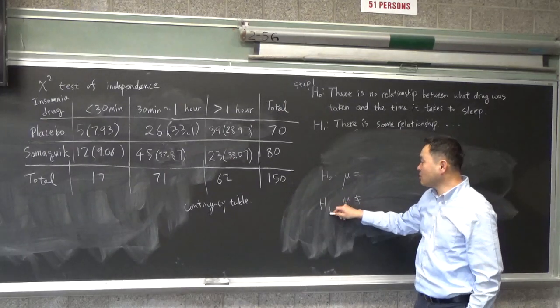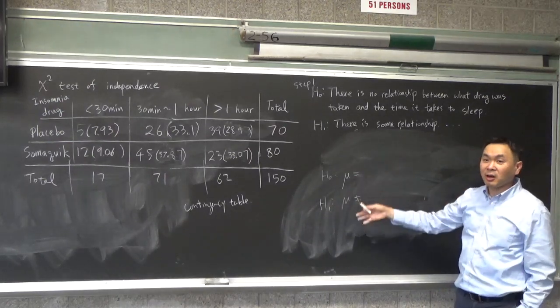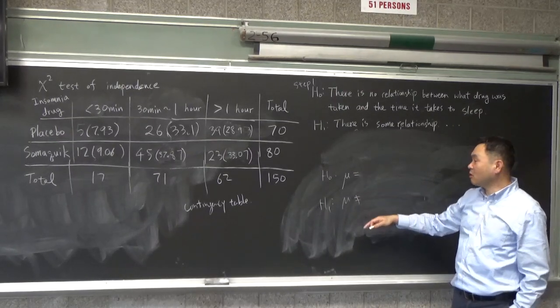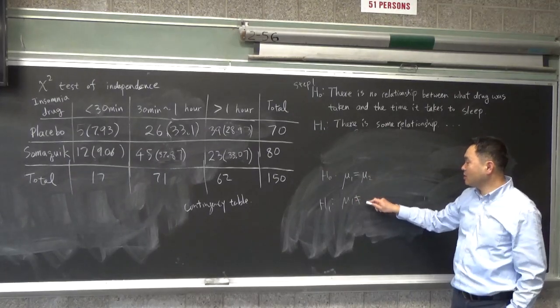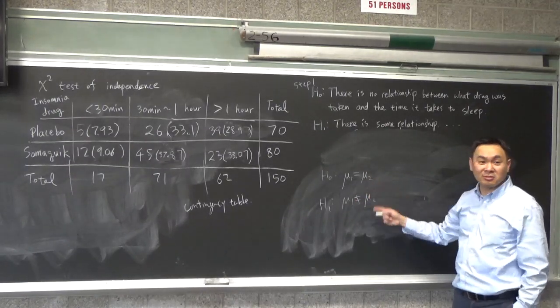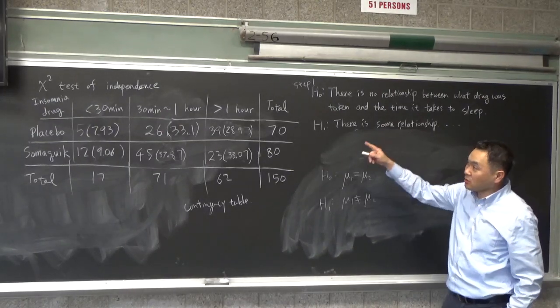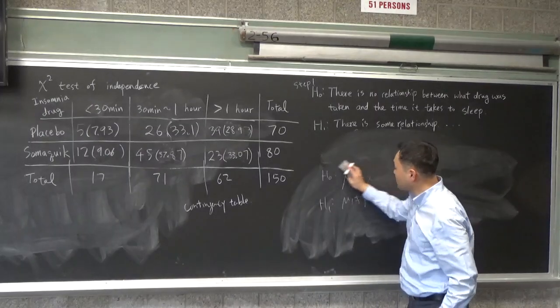That will be your alternative. So this will be the form of the hypothesis when it comes to testing a single mean. If you have two means, you still have an equal sign, right? But when it comes to chi-square test of independence, there is no way to write this down as an equation, so you have to be careful.